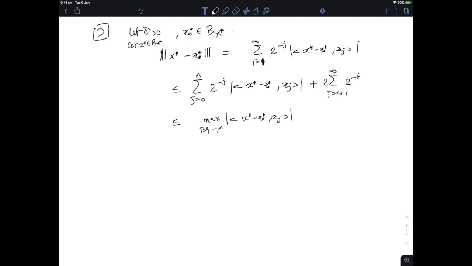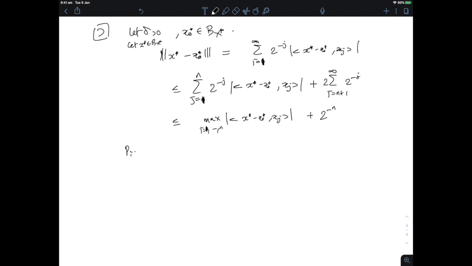I started at 1. If not, the sum of the 2 to the minus j would be 2. So the sum of the 2 to the minus j is 1, so this is controlled by the maximum. And here I have something that is controlled by 2 to the minus n.